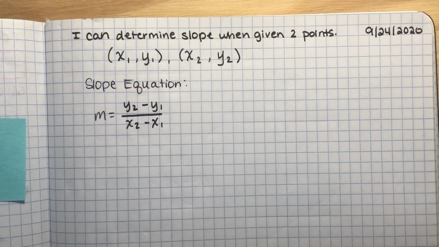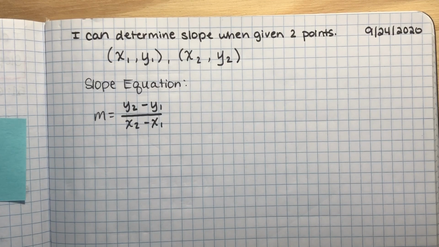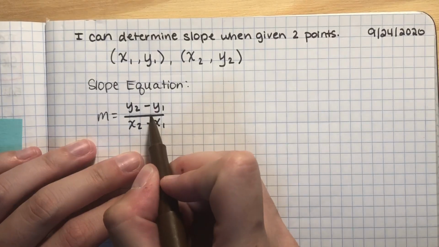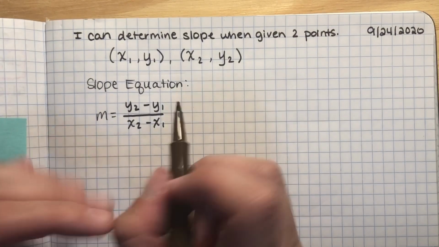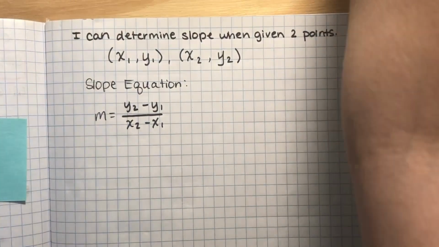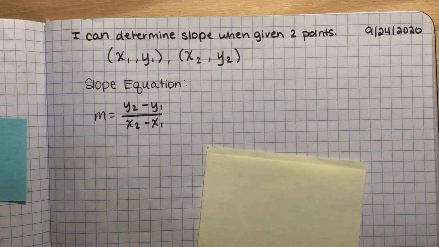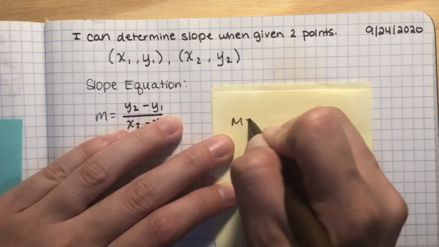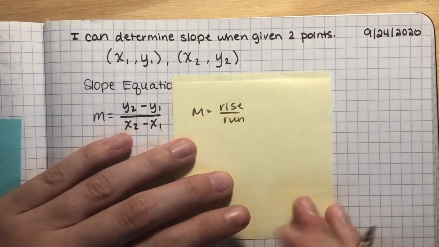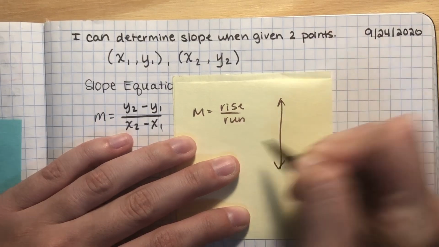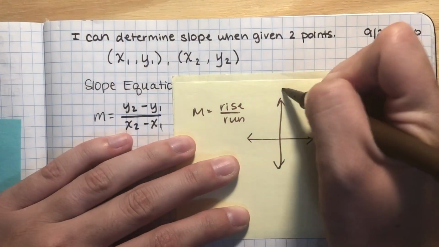And let's talk about why for a second here. Slope is typically rise over run. When we're talking about rise over run, we have our coordinate plane.